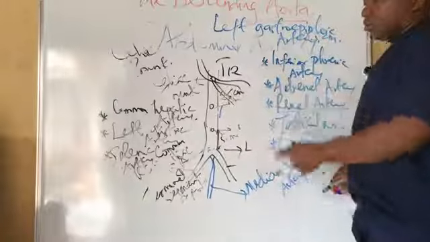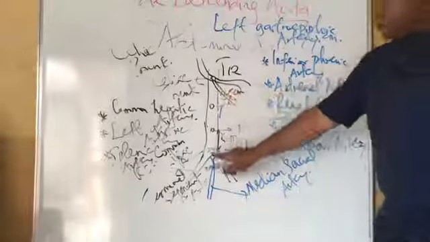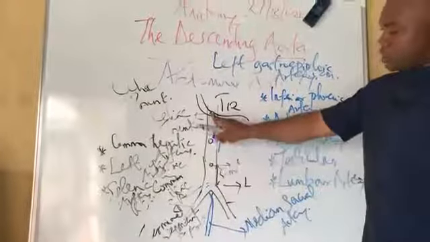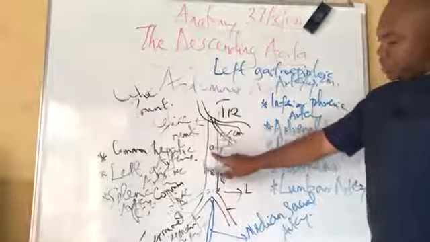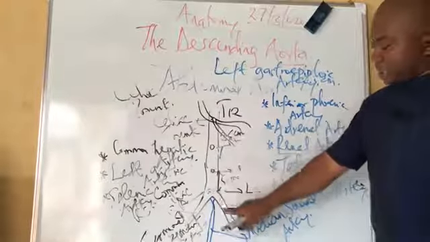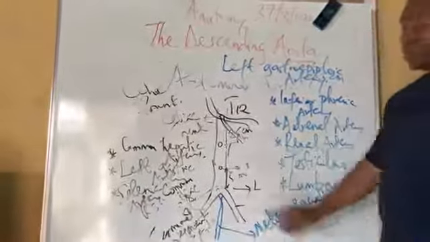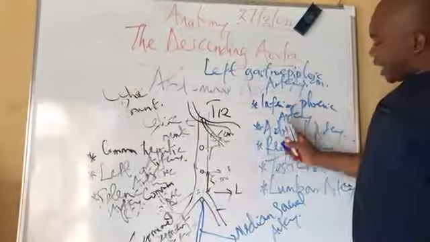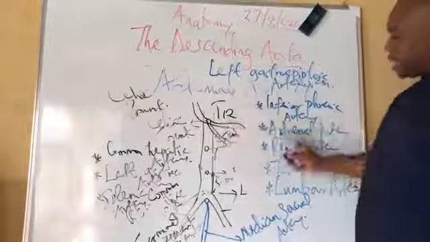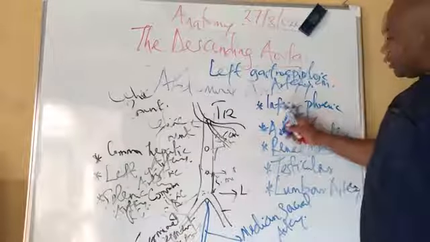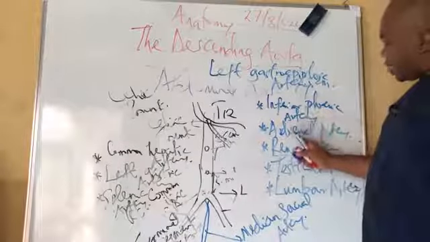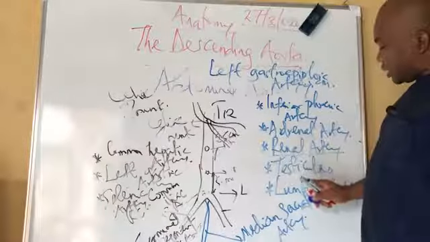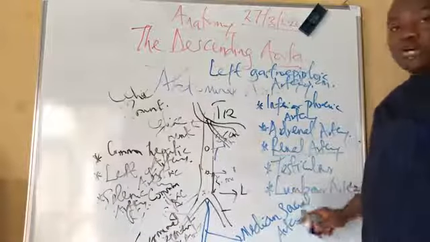So that makes the whole of these arteries to be 4: celiac trunk, superior mesenteric artery, inferior mesenteric artery, and median sacral artery. They have now completed the unpaired branches, while the paired branches of the abdominal aorta, there are 5 of them: inferior phrenic, adrenal artery, renal artery, testicular artery, lumbar arteries.